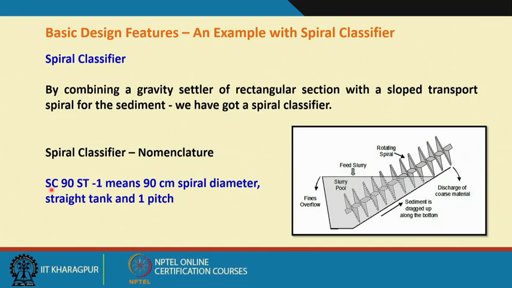So, this is a spiral classifier with 90 centimeter spiral diameter, having a straight tank, and it has one pitch. You can have double pitch also.